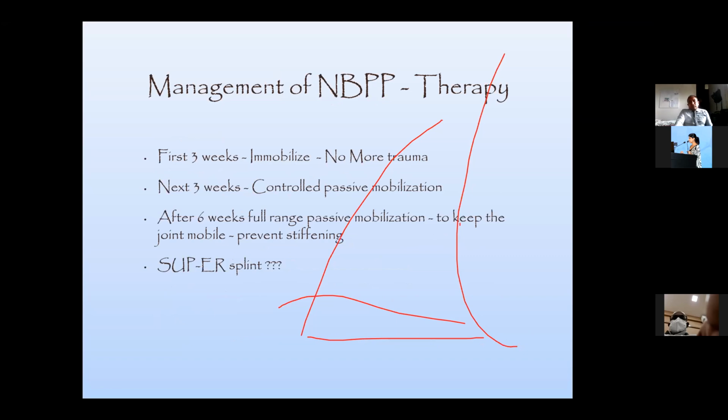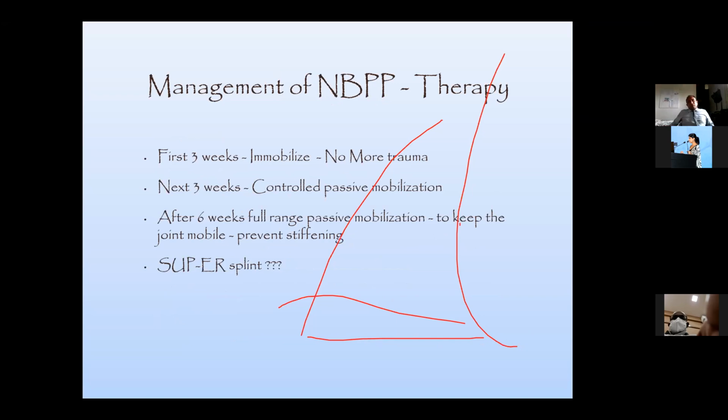So initial therapy, this is again a bit controversial, but I generally prefer not to harm the injured plexus during the initial 3 weeks, because by trying to do therapy during the first 3 weeks, you are not really going to achieve much.